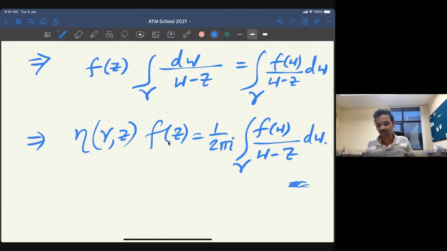Now this can be used to prove that any holomorphic function has a power series representation. So once you have the power series and you have the Cauchy-Riemann equations, you have the limit as h tends to zero of the difference quotient, and you have the Cauchy integral formula.